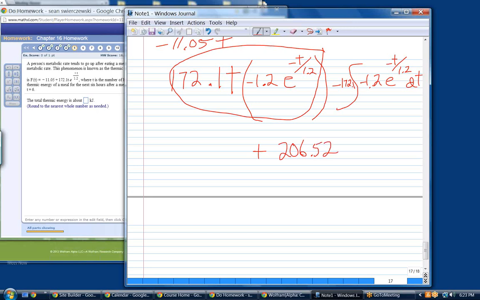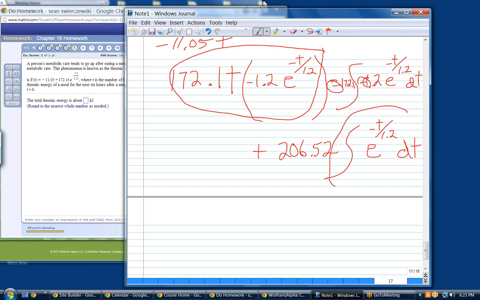Notice that we had two negative signs, so it turned positive. I combined this negative and this negative. There are so many things we have to keep track of here that it'll be amazing if we get this right.